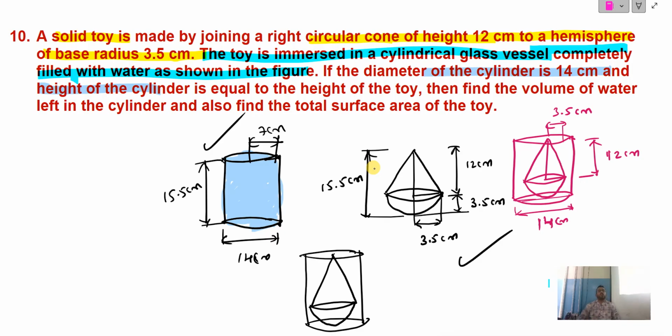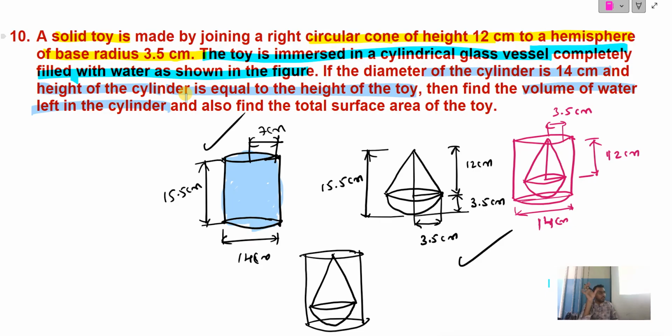You understood my point? To find the volume of water left in the cylinder, first calculate the volume of cylinder, then remove the volume of toy. Understood? The remaining volume of water which is left out, we will get the value of that.